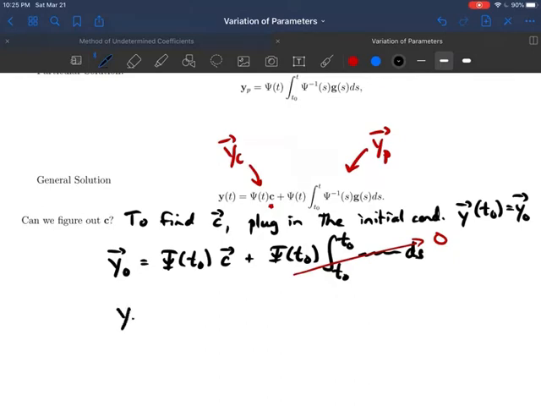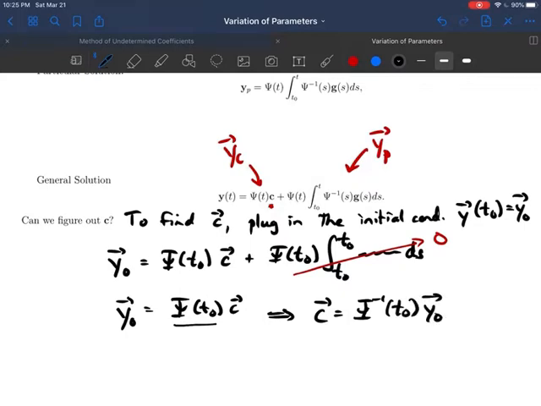We have y0 equals Φ of t0 times C. And now to find C on its own, we left multiply by the inverse of our friend here, Φ of t0, and that gives us that C is equal to Φ inverse of t0 times y0.